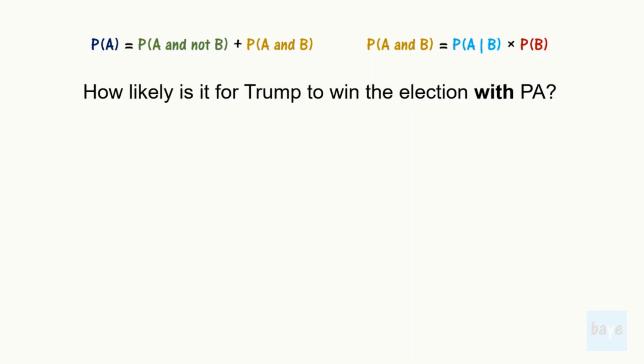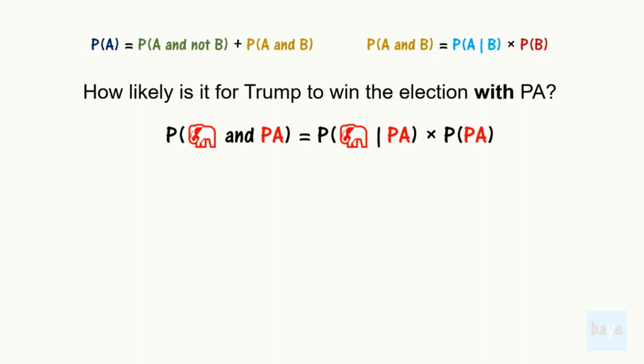This question asks for the probability that he wins both the election and Pennsylvania. We can rewrite this using the second formula. The desired probability is equal to the probability that he wins the election knowing he has won Pennsylvania, times the probability of him winning Pennsylvania. We know the conditional probability. That was 0.67.